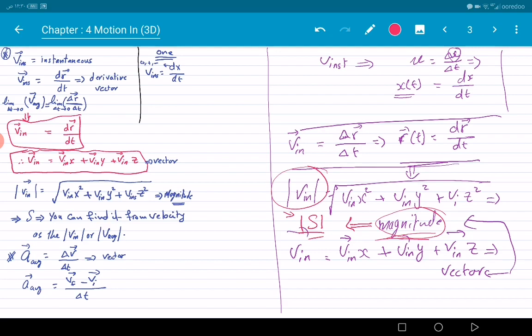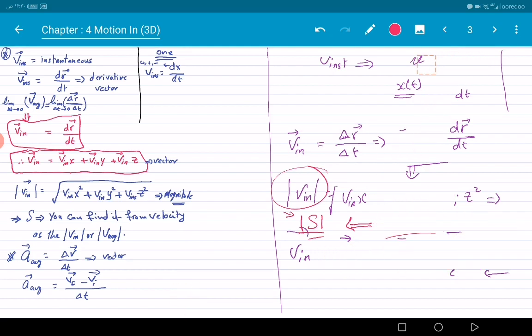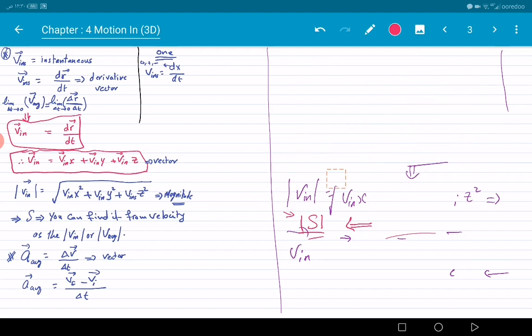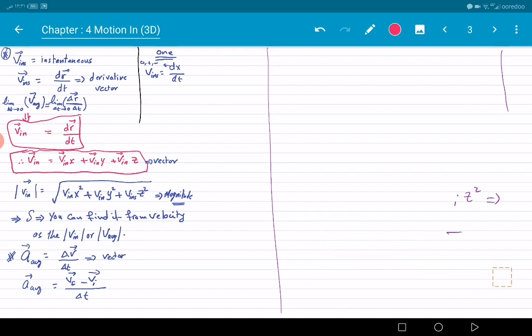The acceleration follows the same steps. From chapter 2, I know the acceleration is delta v divided by delta t if there is a number.